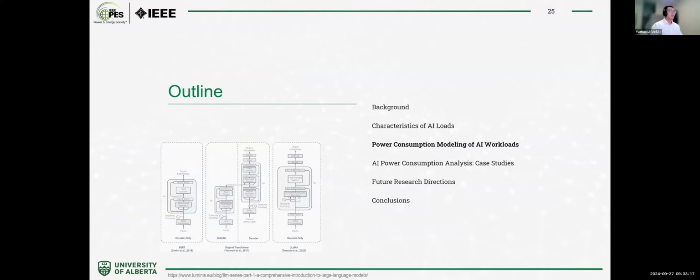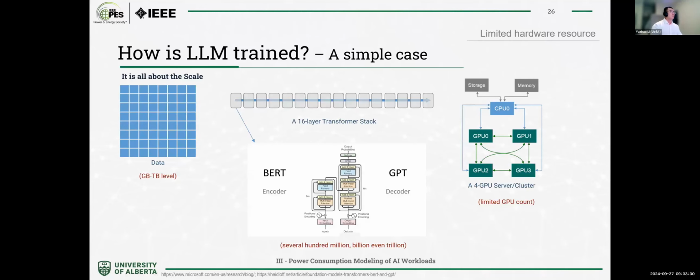So we're going to talk about the power consumption modeling of AI workloads, followed by some case studies and future directions. Firstly, I really want to highlight this problem: how the LLM is trained.